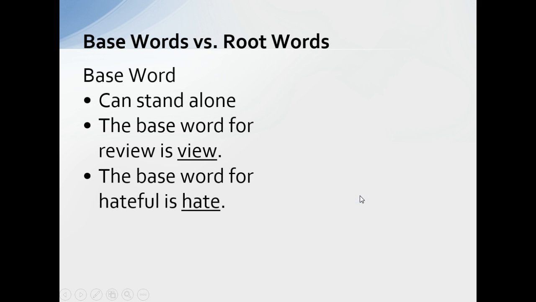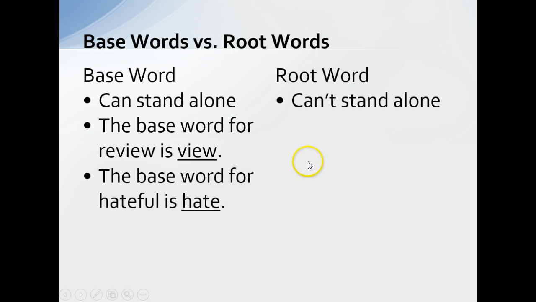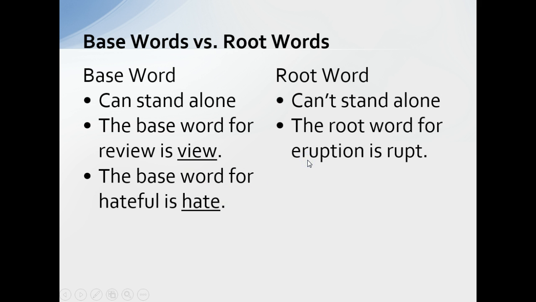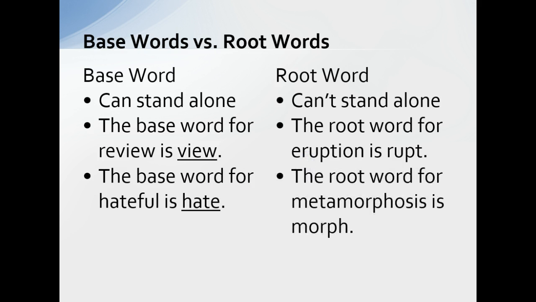So an example, the base word for review is view. The base word for hateful is hate. So those are actually their own words. A root word can't stand alone. So the root word for eruption is rupt. That's not a real word. And the root word for metamorphosis is morph. That's not a real word either. So it can't stand alone.